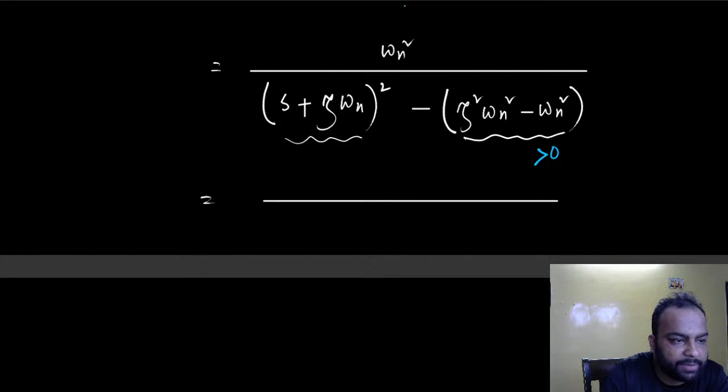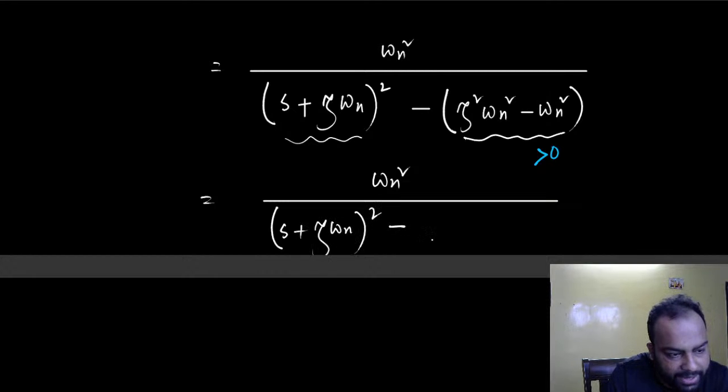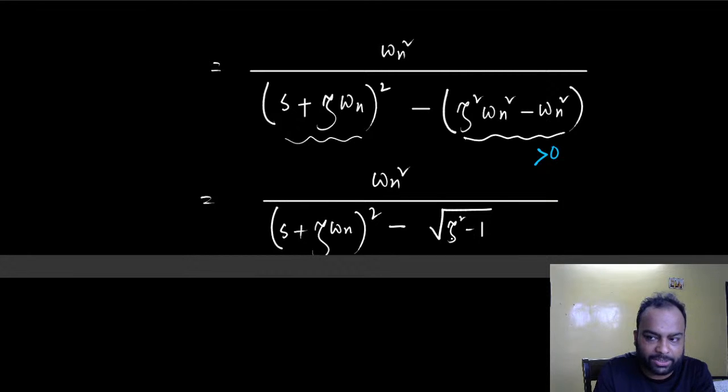So this is omega n square divided by s plus zeta omega n whole square minus, let's write it down as, zeta square minus 1. Now keep in mind that this is not a complex quantity anymore, because zeta is greater than 1.